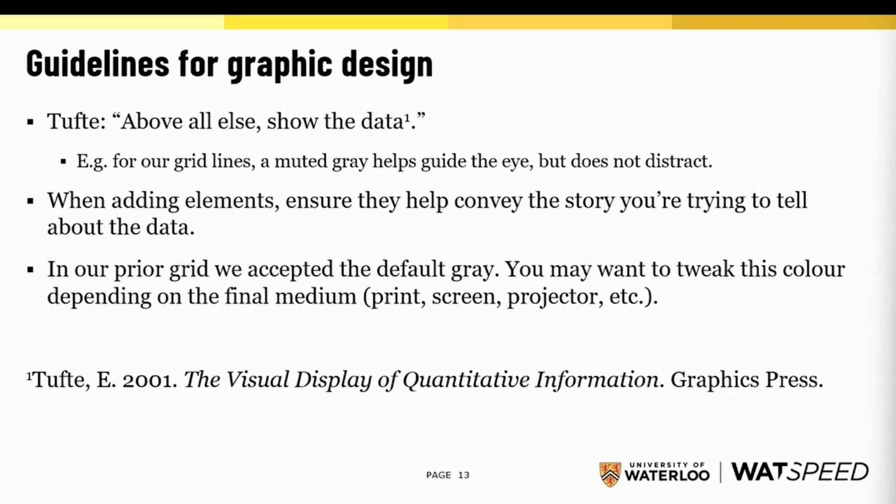Likewise, if you're sending your document off to be printed by a professional printer, you could get away with a lower contrast set of lines because the print quality is that much better. It depends on your final medium, and I suggest that before you present or share your findings with other people, always try to test out what your visuals will look like on the final medium.